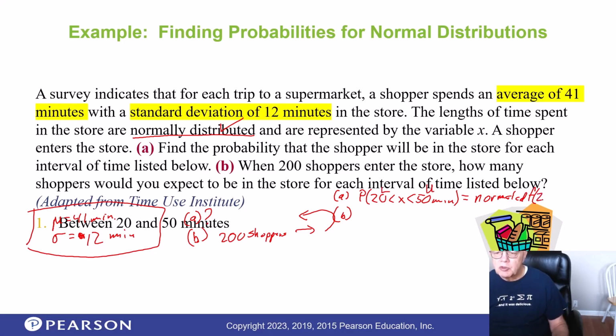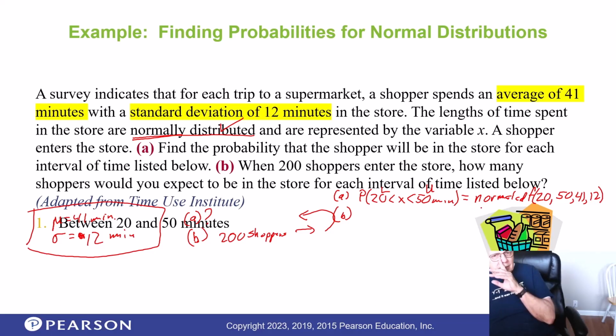So put 20 for the lower bound, 50 for the upper bound. And what curve are we talking about? We are talking about a normal curve. And that particular one has a mean of 41 minutes and the standard deviation of 12. And that will give us this result. We'll see it in a minute.